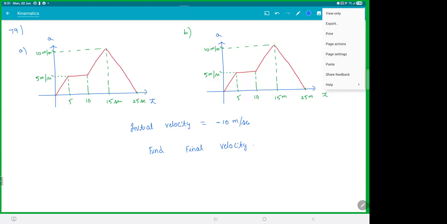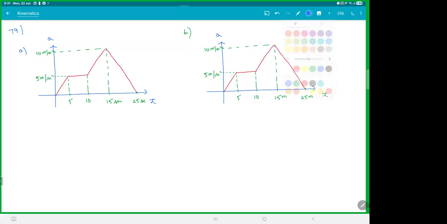Did you guys get the area? That's the first thing. If you got the area, the question is over. What is the area for this? This is a small triangle, half into 5 into 5, that's 25 by 2. This is a rectangle, 5 into 5, 25. You can split this, so this will be another rectangle, 5 into 5, 25.